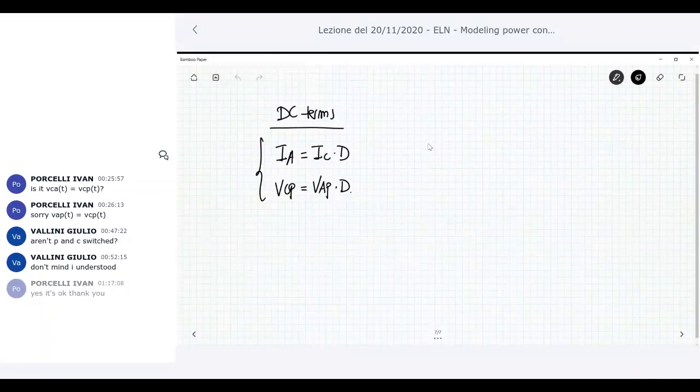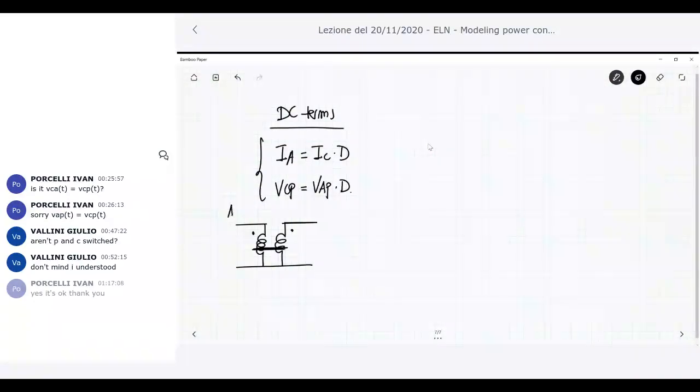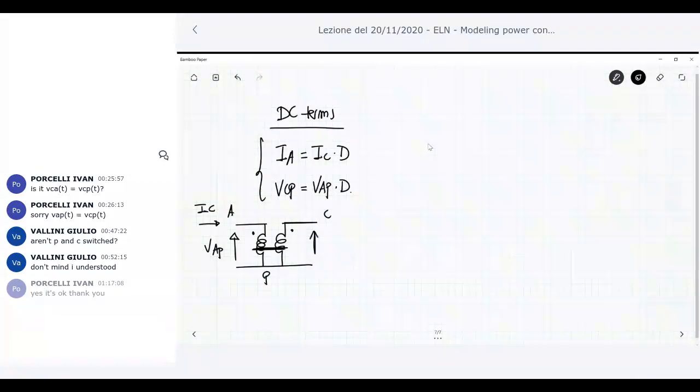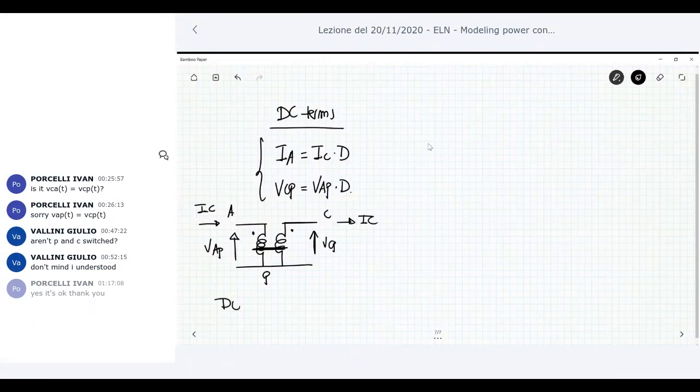This transformer is again a mathematical abstraction, because it transforms the DC quantities. The DC means the steady state quantity. Okay, this is the DC model of the pulse width modulator switch network.